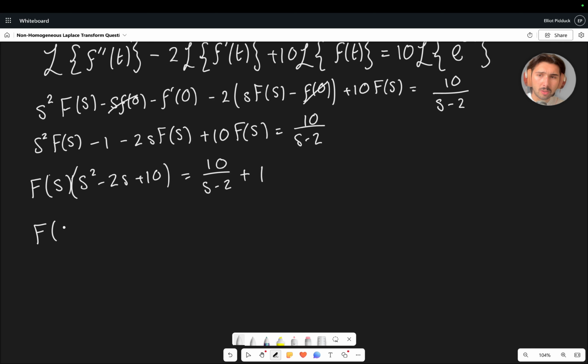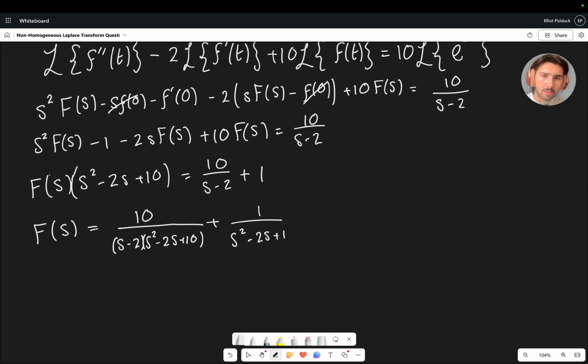Because remember, guys, the whole point of taking Laplace transforms is to produce an algebraic equation that we can then solve for F of s, and then we'll take the inverse Laplace transform. So doing that, we've got 10 over s minus 2 times s squared minus 2s plus 10, plus 1 over s squared minus 2s plus 10.